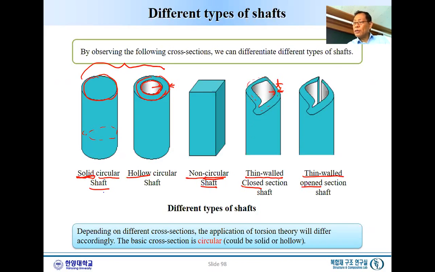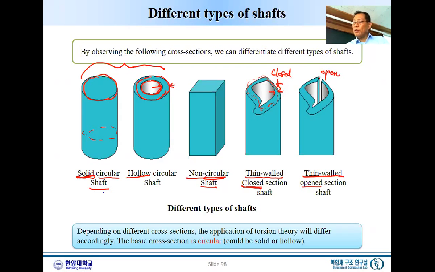Closed means that this makes a closed loop, whereas the open one has an open slot. So this is closed, and this is open.